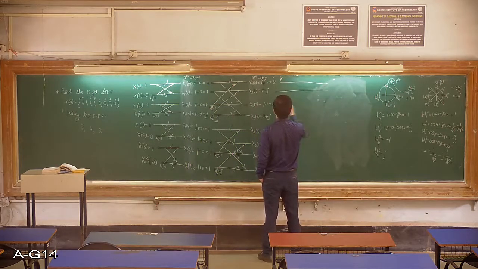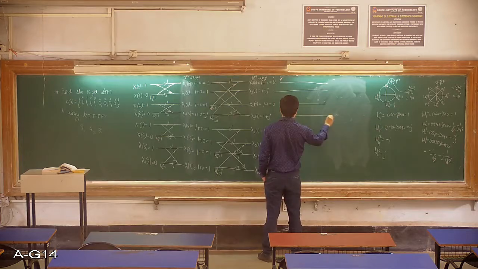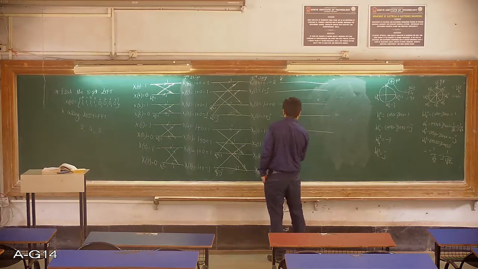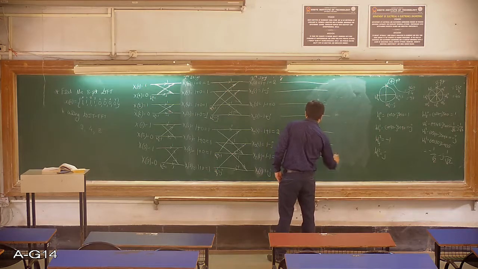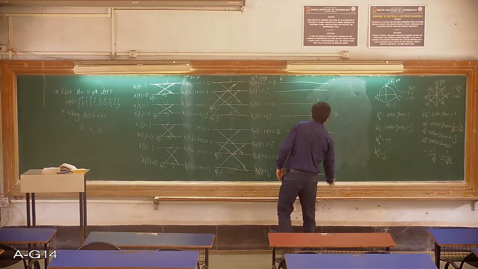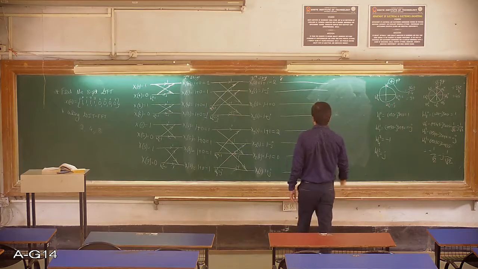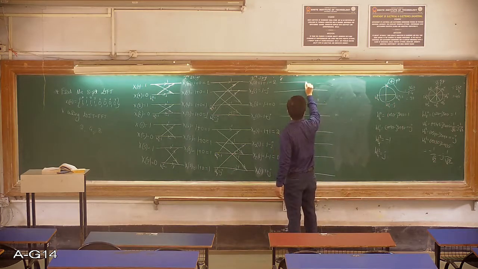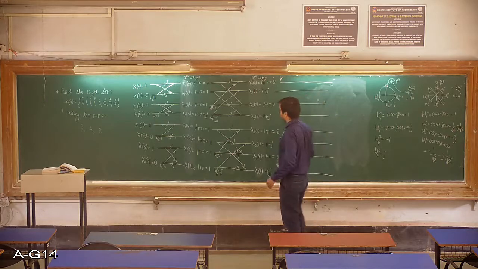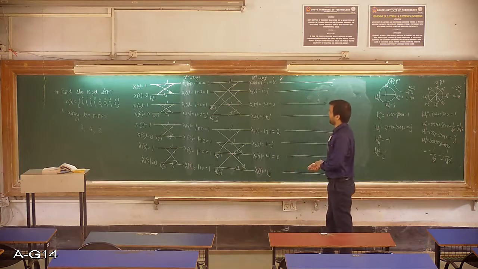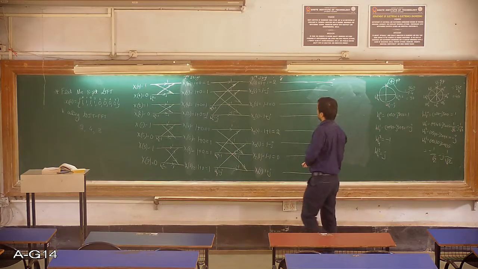1, 2, 3, 4, 5, 6, 7, and the last one is 8. So 8 we have to use, and draw the arrows, right?